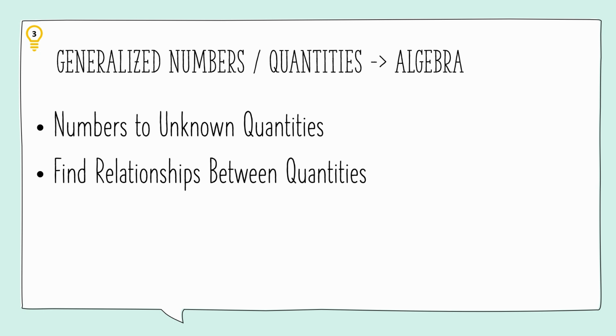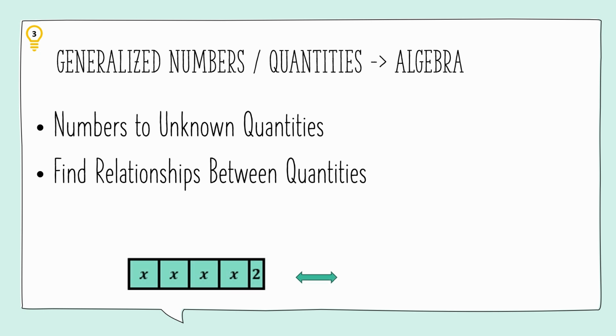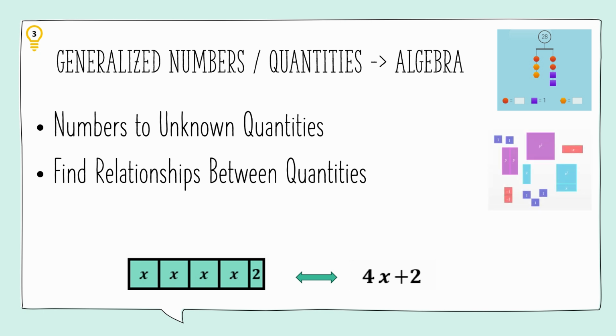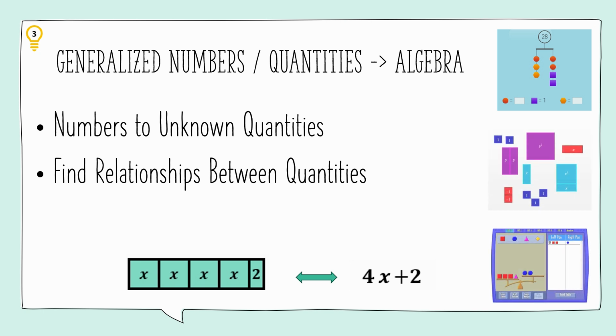Expressions and equations should flow from a visual understanding of unknown quantities first. Let's look next at how we can encourage students' sense-making by introducing them to a variety of ways to represent quantities, both visually and symbolically, and help them form meaningful connections between the two.